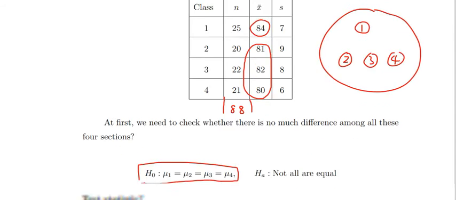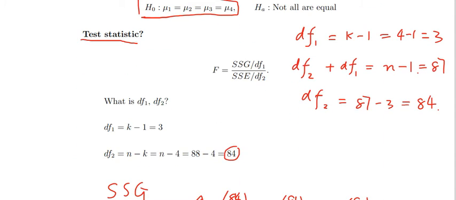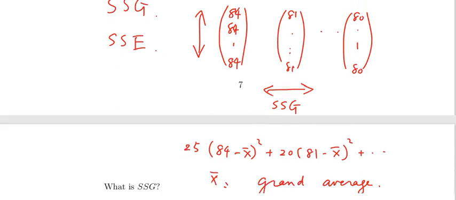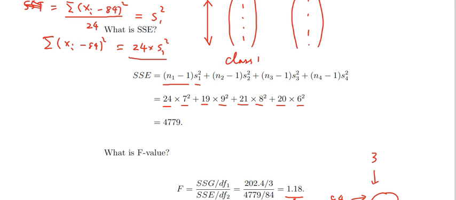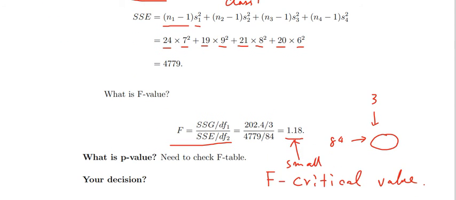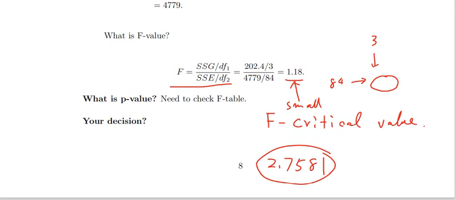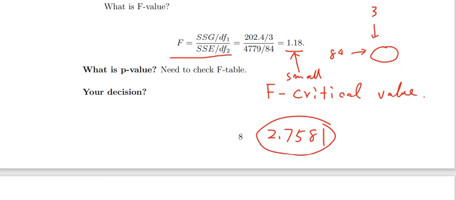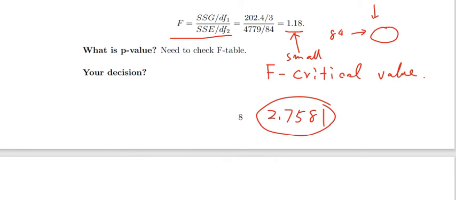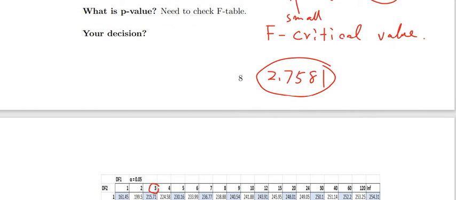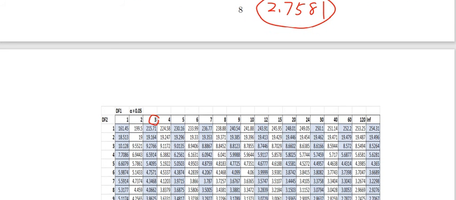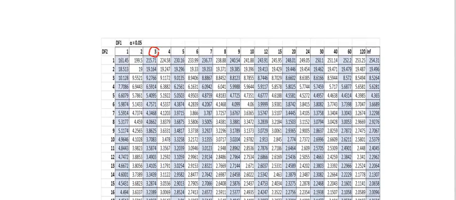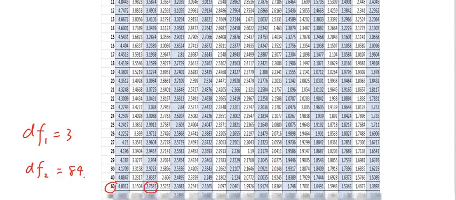So for those problems, we just need to find the F value and determine whether this F value is big or small, right? From computer output, we will get the F table, which we call the ANOVA table. It gives me SSG, SSE, and SST, and then we can find the F value and determine whether it is big or small.